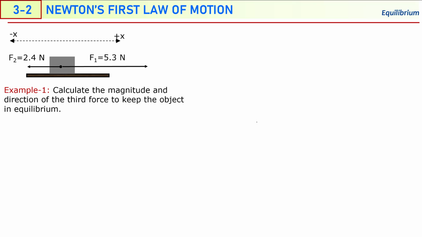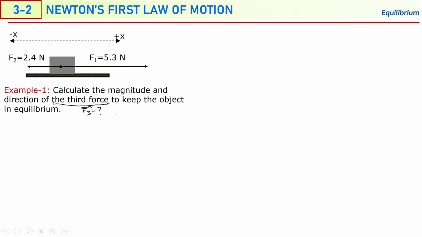F1 is in the positive x direction, F2 is in the negative x direction, but their magnitudes are different. So this object will accelerate with a net external force if only these two forces act on it. But we want to keep this object in equilibrium, which means a third force must be acting on this object.